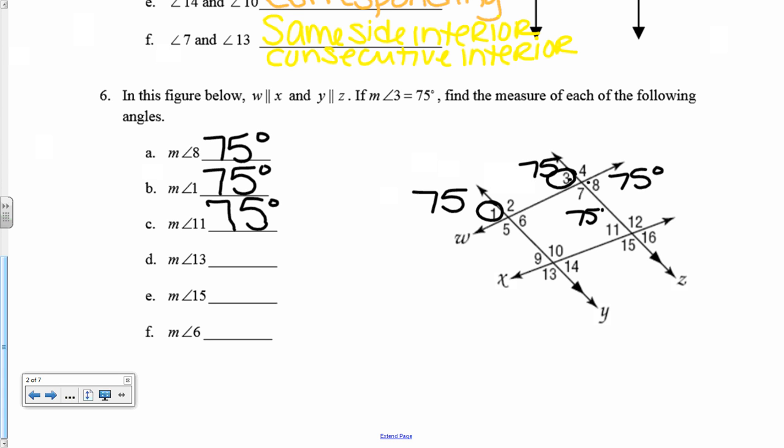I also could have used the fact that 3 and 11 are corresponding. 13, I'm going to have to use with angle 1. Angle 1 and angle 13 are same side exteriors, so they're supplementary.